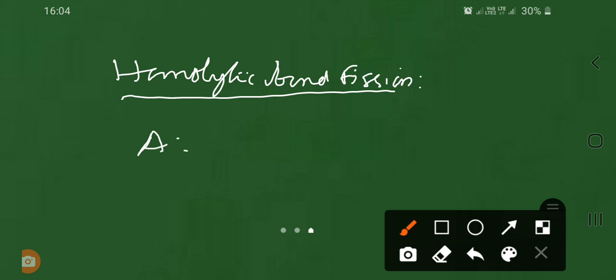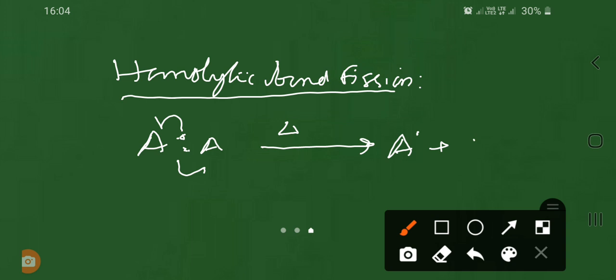Let us consider an A2 molecule, where one pair of electrons is being shared. Applying thermal energy, bond cleavage takes place, and each of the bonded atoms acquires one single electron. These are known as free radical reaction intermediates.